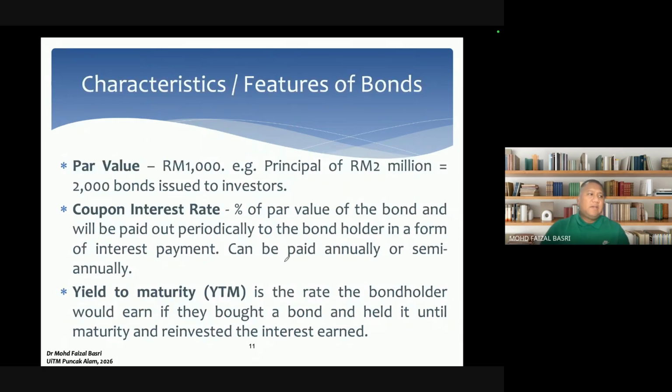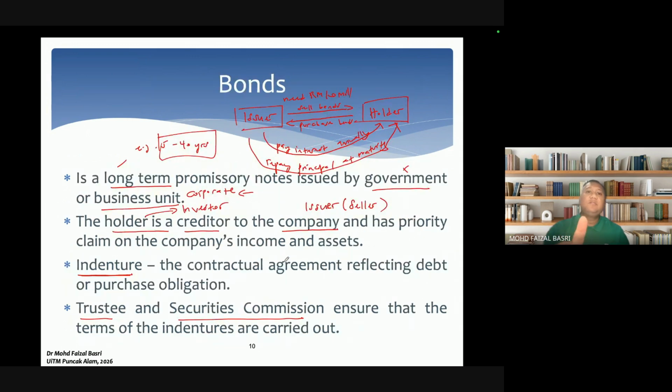So now let's look at the characteristics of bonds. When I explain like this, you must see that there are two sides of the story: one from the issuer, and one from the investor, the holder.